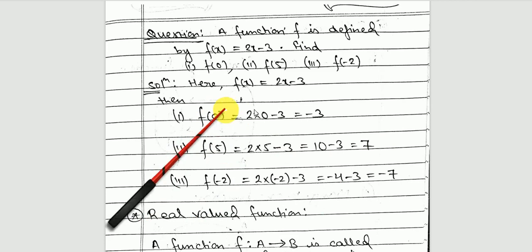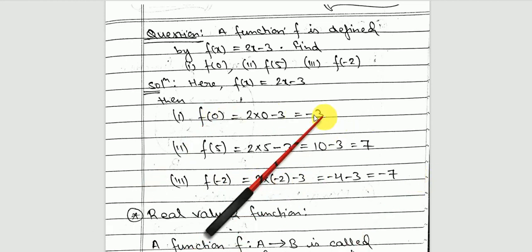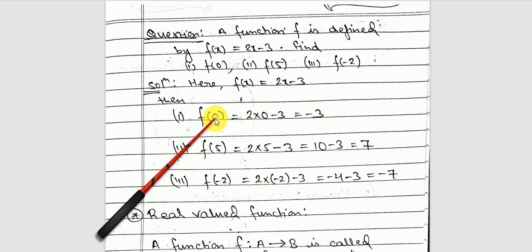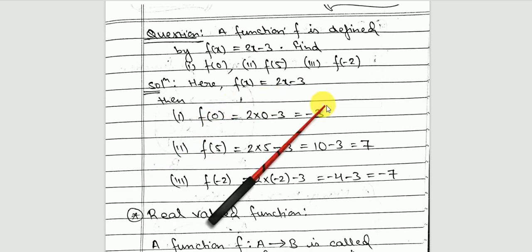That means 0 and minus 3 are related, 5 and 7 are related, and minus 2 will be related to 2 into minus 2 minus 3, that means minus 7. So minus 3 will be called the image of 0, or you can say 0 is the pre-image of minus 3. 5 is the pre-image of 7, or 7 is the image of 5. Minus 2 is the pre-image of minus 7, or minus 7 is the image of minus 2.